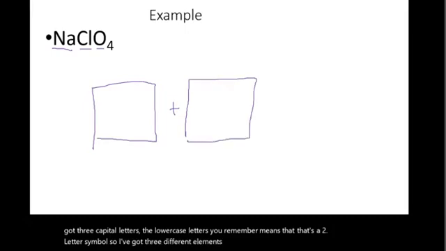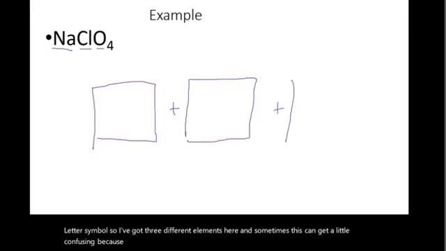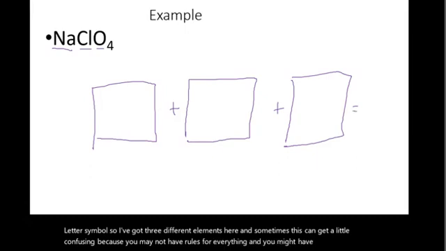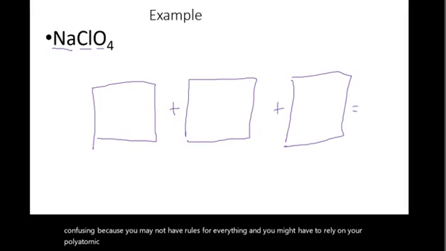And sometimes this can get a little confusing because you may not have rules for everything, and you might have to rely on your polyatomic ion memorization to answer these questions. But let's give this one a try.